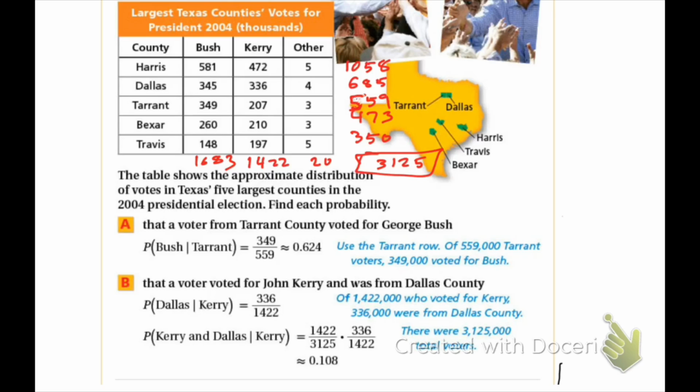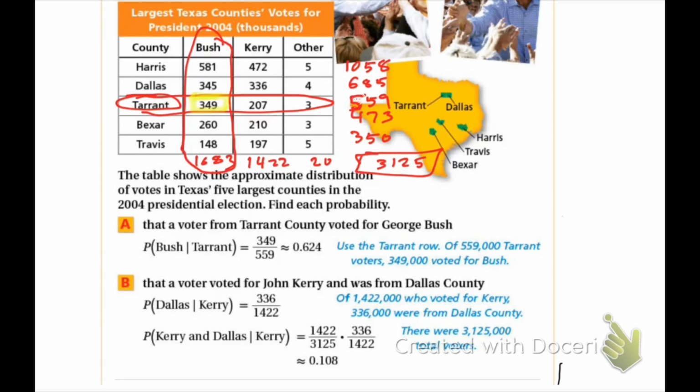Now, let's calculate the probability that a voter from Tarrant County voted for George Bush. So we're going to go to Tarrant County, and go to the George Bush column. We're going to take that 349.